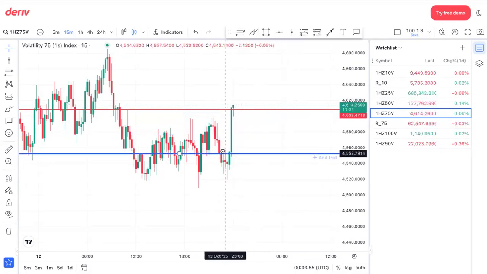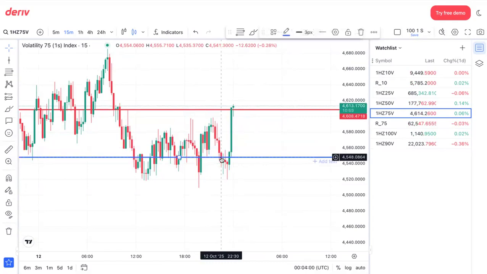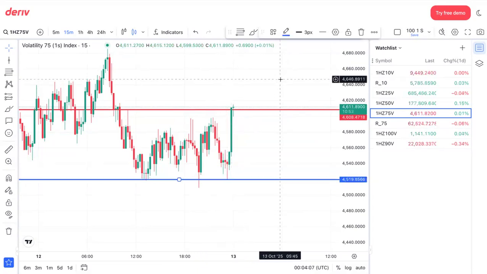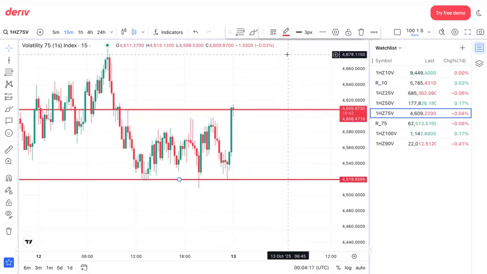I put it in the section right here where it's been consolidating for the whole day. Give it space. You understand? So the stop loss is going to be 4519.8. So that's 75 1S for the buy.